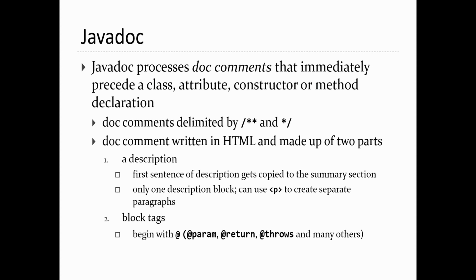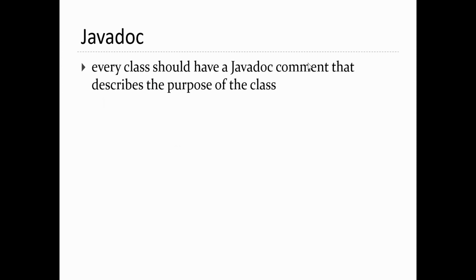In the code that you've been given, you'll see things like @param, @return, or @throws. @param tells you what a parameter is for, @return tells you what the return value is, and @throws tells you what exceptions are thrown. Javadoc can recognize these tags and produce the appropriate documentation for them.